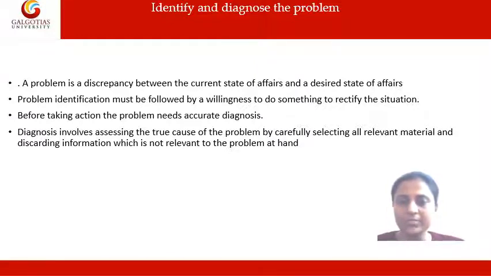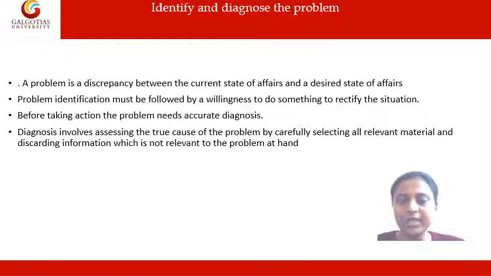While identifying the problem, the organization can use a lot of data, like comparing the organization's performance against historical standards, or comparing it against competitors, or even some expected future performance. Now, problem identification has to be followed by a willingness to do something to rectify the situation.